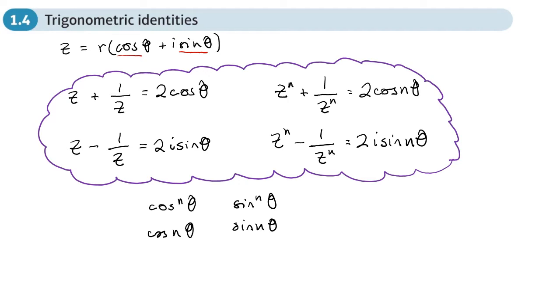So a very simple example would be from Core 2 pure, where we know this statement: cos 2 theta is 2 cos squared theta minus 1, or 1 minus 2 sine squared theta, or it could be written as cos squared theta minus sine squared theta.